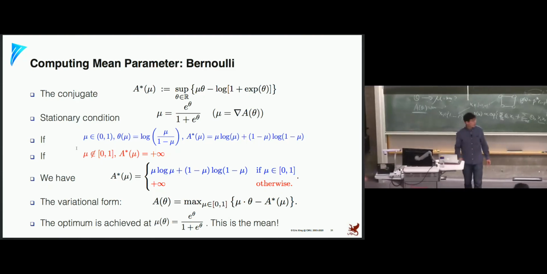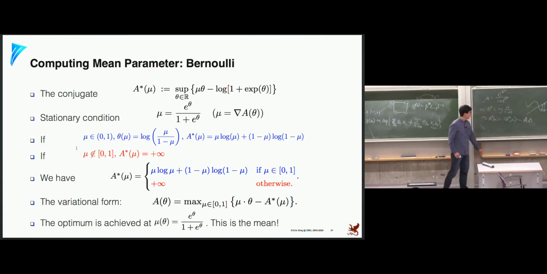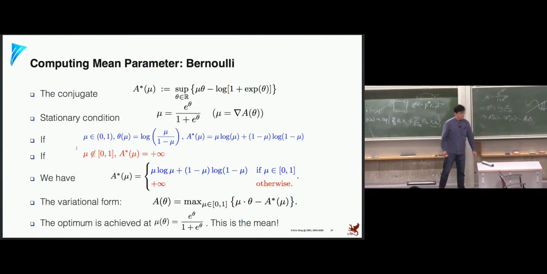But we need to be careful because we can't just blindly plug this mu in and then call this the dual function, because what can break down? Can this mu take a value of 2, for example? Yes, no?